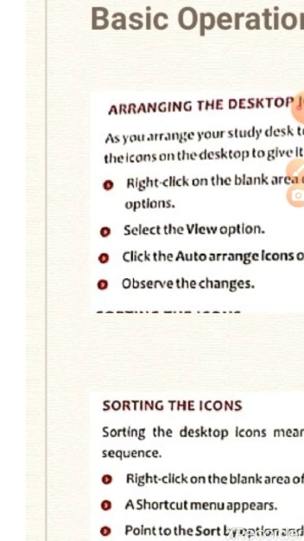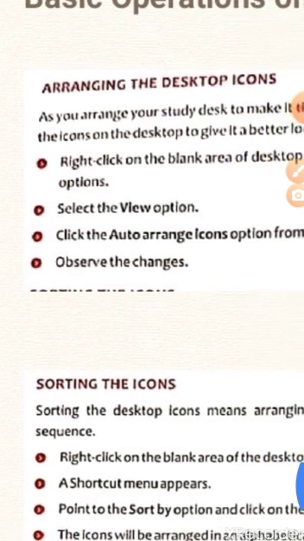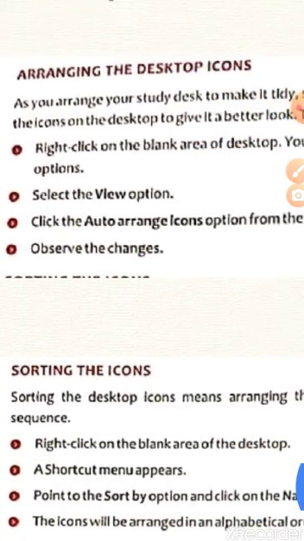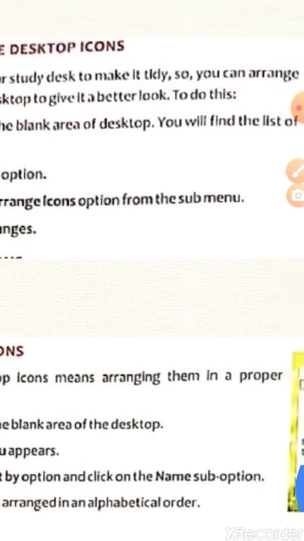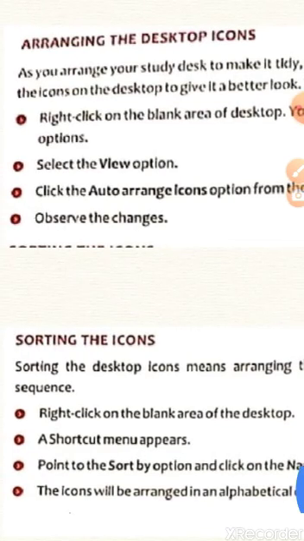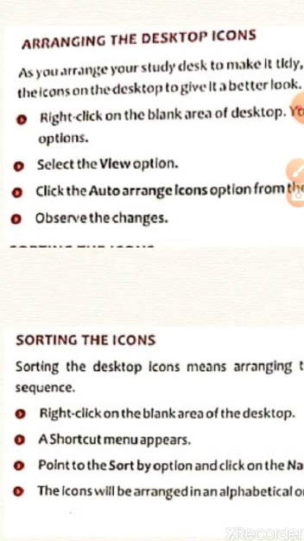Select the view option, then click the auto arrange icons option from the sub menu. What happens, it will automatically arrange it for you. You don't have to do anything. When you click on it, there will be some movement. You will see that the icons have been arranged automatically.